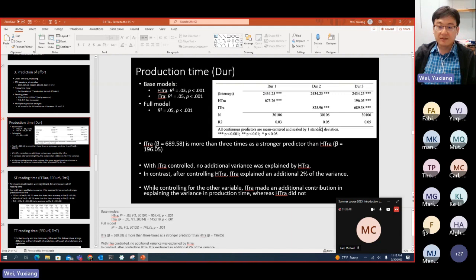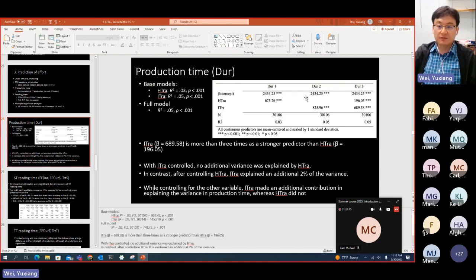Now, this analysis is with the standardized beta values. Beta values are simply the coefficients. So these beta values are standardized, and that means we can compare these two. We can see that the coefficient for ITra is much larger than HTra, meaning ITra is more than 3 times as strong a predictor as HTra, right?